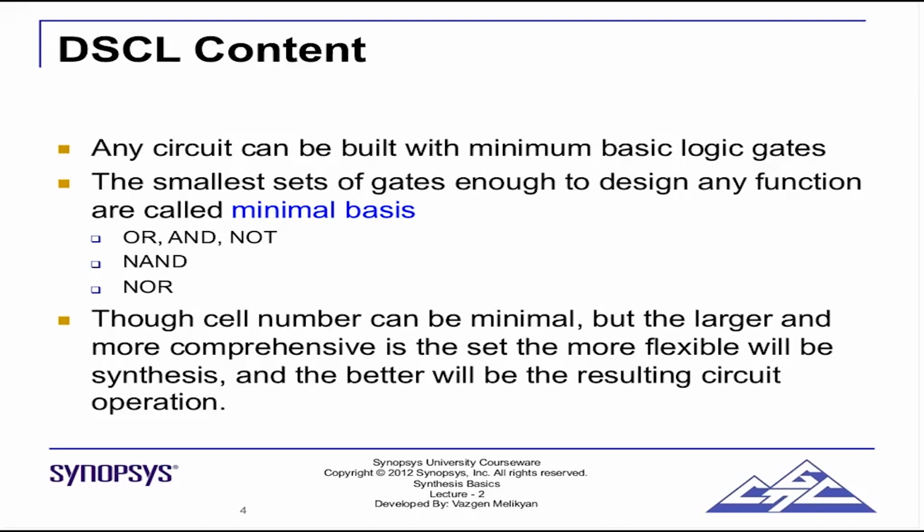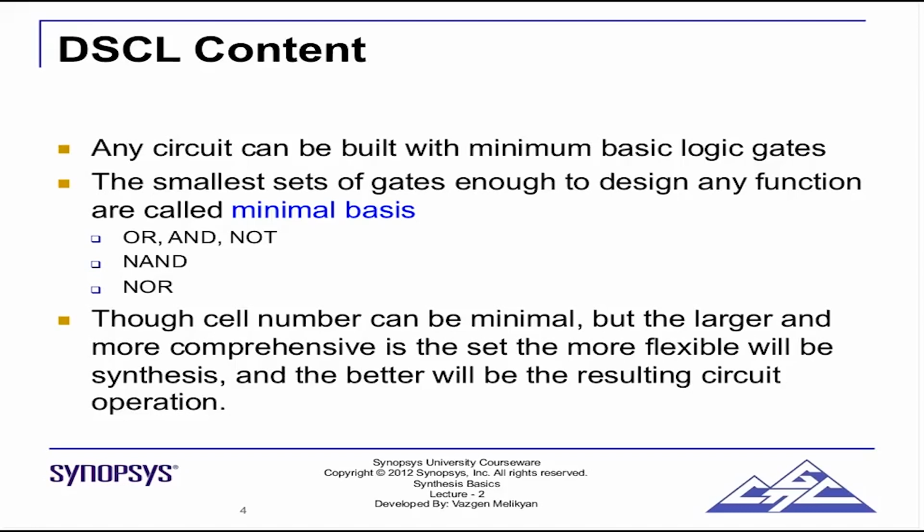But is this number enough to do an effective design? No. Although you could start from a minimal library, the larger and more comprehensive the set, the better will be your results. The more flexibility you give the tool to choose cells, the resulting circuit will have better area and better timing.